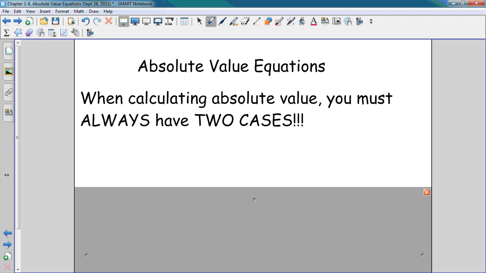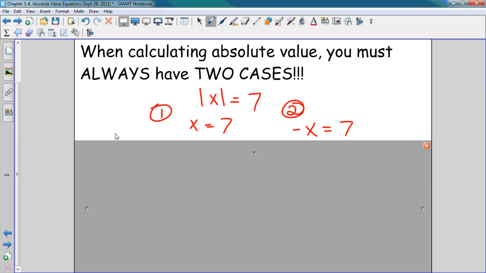For instance, if we had the absolute value of x equals 7, in case 1, x could be the positive version of 7, or in case 2, x could be the negative version. Either one would work. Question? No? Okay. Let's move right along.